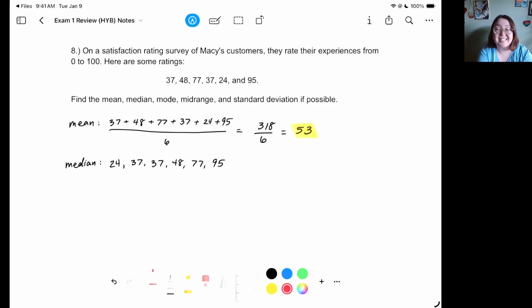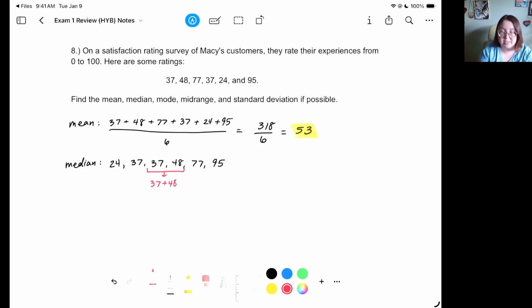So since we have 6 values here, our median doesn't have a single value right in the middle, because we're looking for that middle number. Since it doesn't have that middle number, we take the middle 2 numbers. The middle 2 numbers in this case are 37 and 48. So what we do with these 2 middle numbers is take the average or the mean of these 2 numbers.